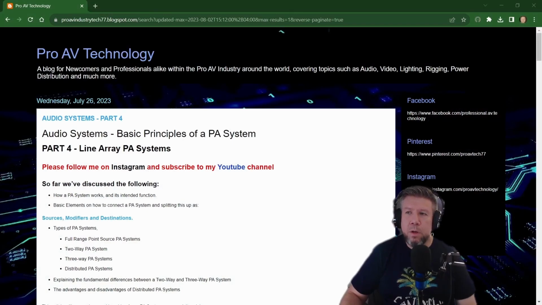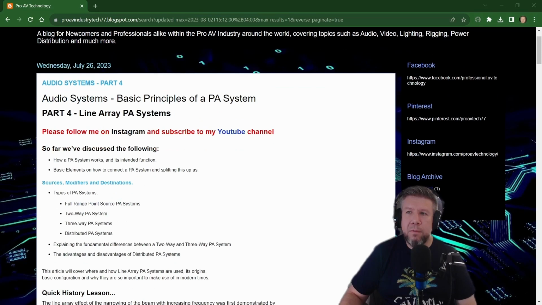So far, what have we discussed? We've discussed how a PA system works and its intended function, basic elements of how to connect a PA system, and splitting this up into the signal flow, which is sources, modifiers, and destinations. The types of PA systems: a full range point source PA system, two-way, three-way, and distributed PA systems.